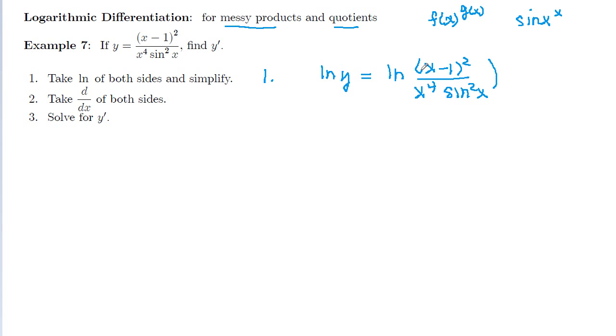And then we've got a division inside the log, so that is going to equal subtraction outside. So we do the natural log of the top, which is x minus 1 squared, minus the natural log of the bottom, x to the fourth sine squared x.